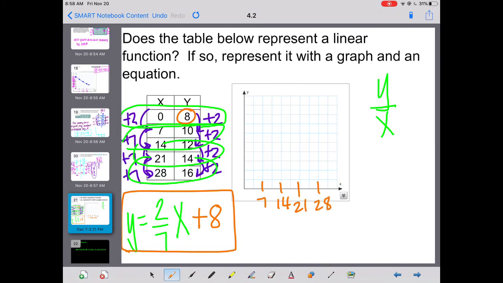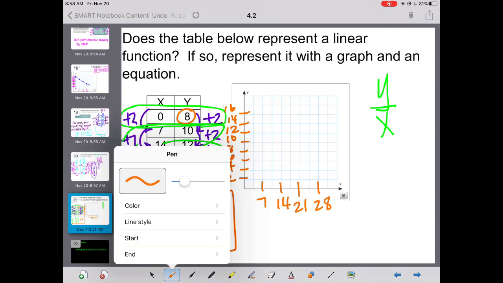Now to graph it, on my x-axis, I'm just going to count by 7s because that's going to make our life a little bit easier. But on the y-axis, I think I can count by 2s.